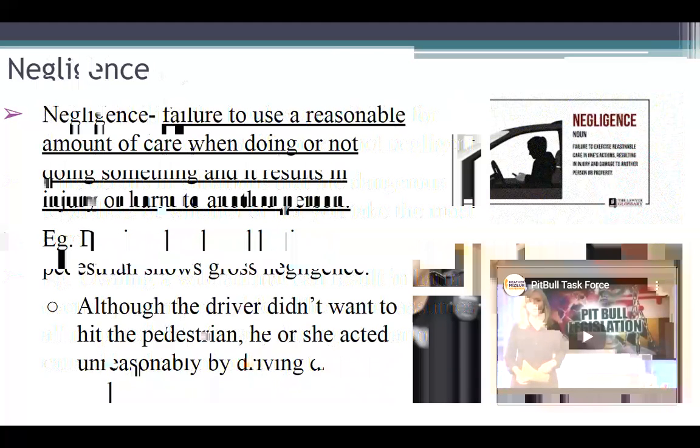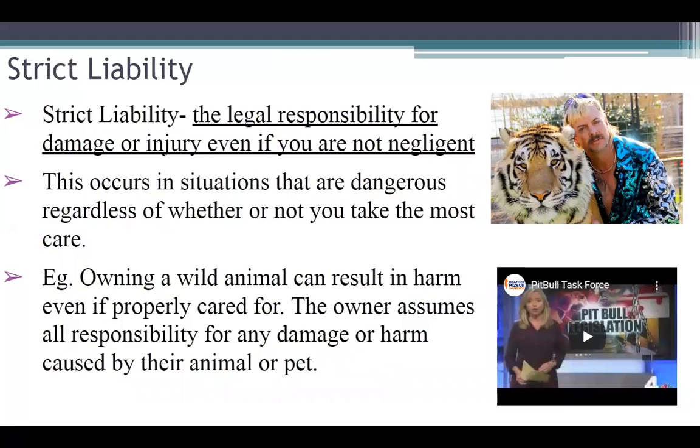And our last type is what we call strict liability. And so this is basically whenever you're dealing with something that is very, very dangerous, you bear the responsibility for any damages or injuries, even if you are not negligent, right?